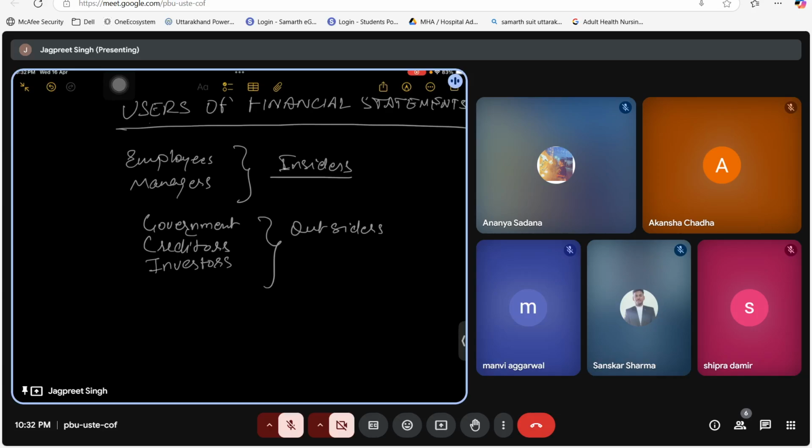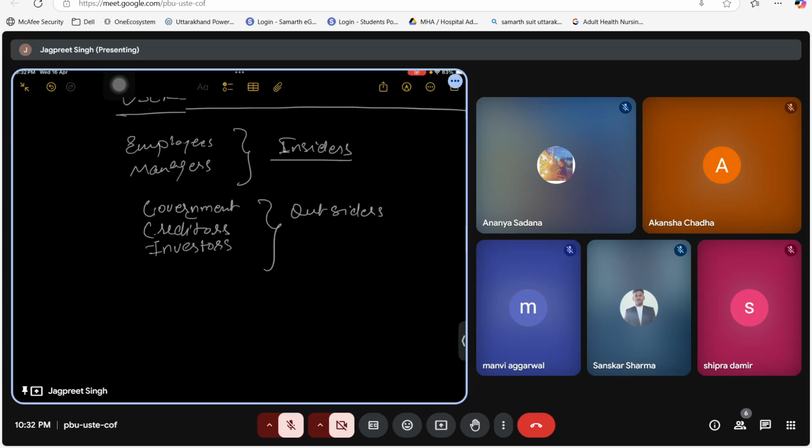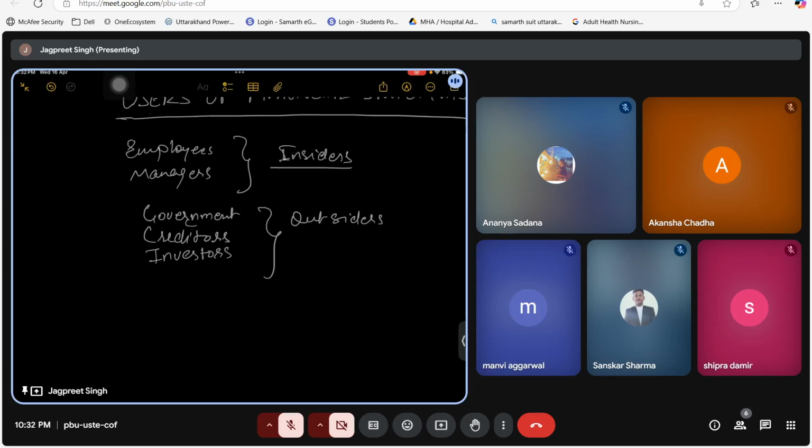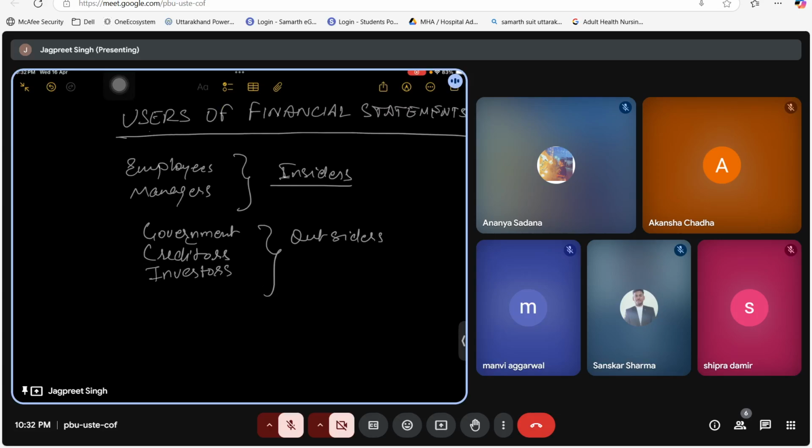Only those people who have accounting knowledge can see our accounts and understand, right? We are not giving any extra explanation because we are maintaining our accounts in accounting language only.